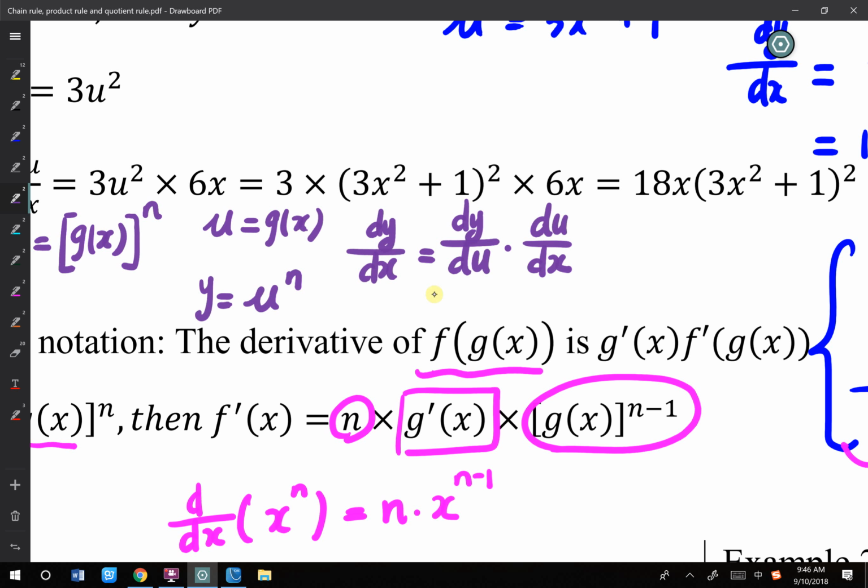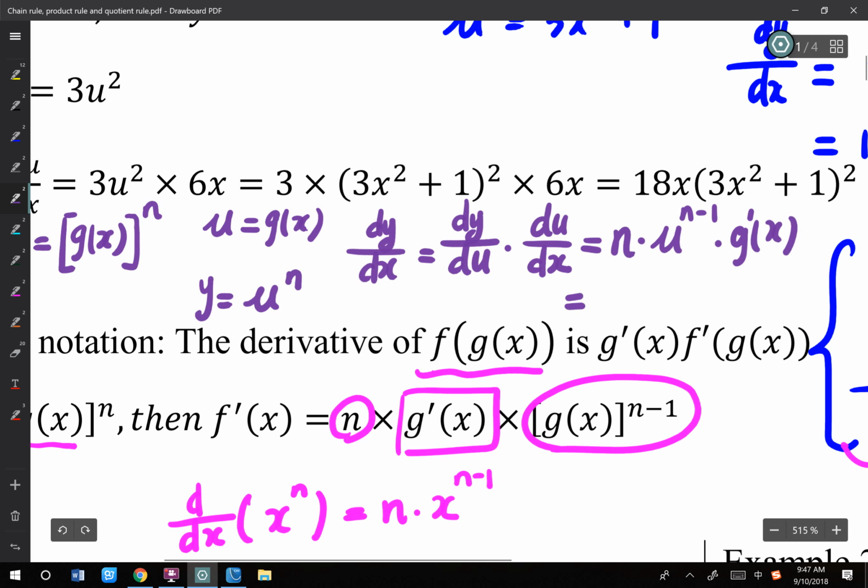G dash x. Yeah, g dash x. That's how we get the derivative of the inside function. And now remember to put u back into x. So it's n times g dash x times g(x) to the power of n minus 1.